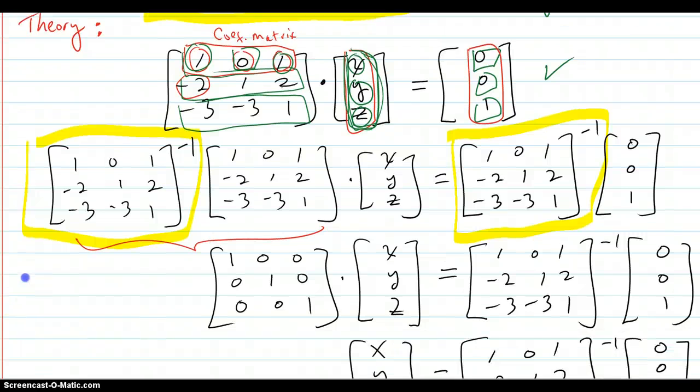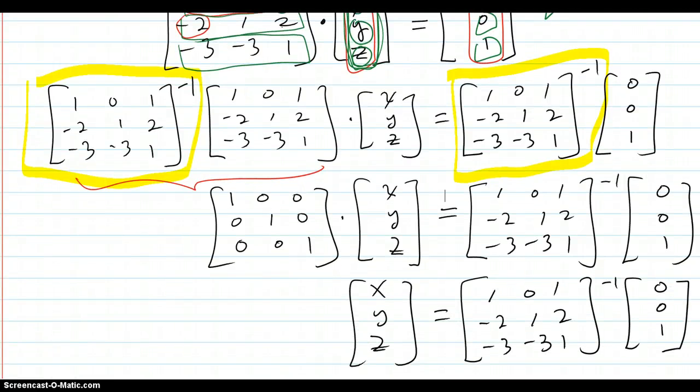So then, in the theory, an inverse matrix times the matrix itself will equal the identity matrix, and on this side you just have a product of two matrices.